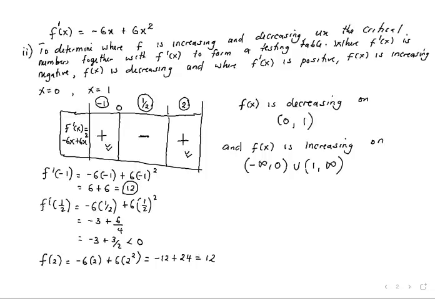You can't use the other ones. You should never use this, because those mean include. So if we include 0, nothing will be happening there. The gradient will be 0, so there's no decreasing, there's no increase. It's stationary.